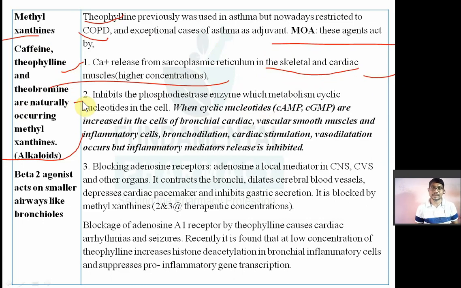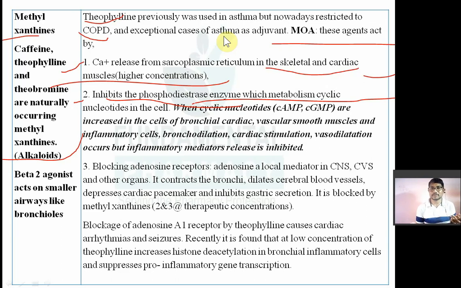Second, they act by inhibiting the phosphodiesterase enzyme. A question has already come on this: which of the following anti-asthmatic drugs is a phosphodiesterase inhibitor. This phosphodiesterase enzyme is involved in the metabolism of cyclic nucleotides, cyclic GMP, cyclic AMP. If their concentration increases in the cell, bronchodilation occurs, but what is this doing?